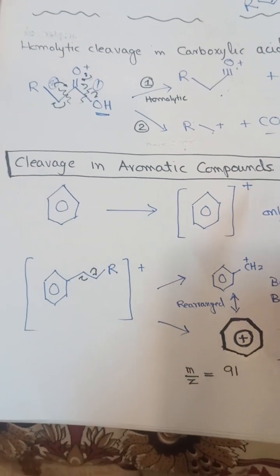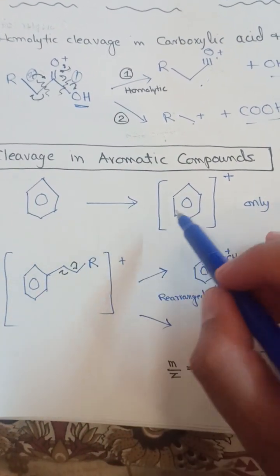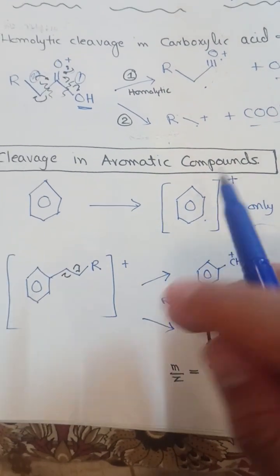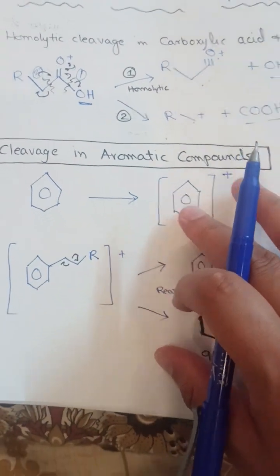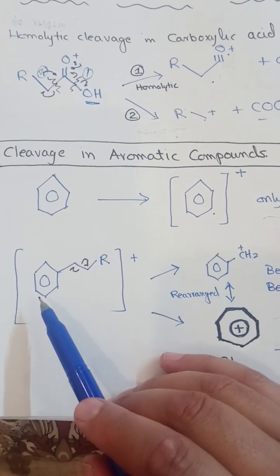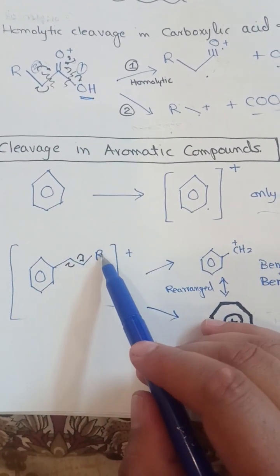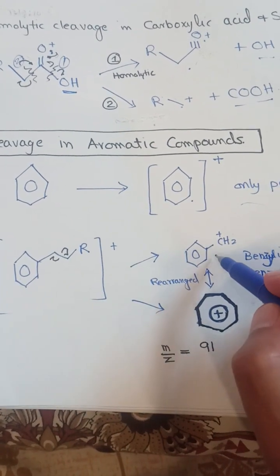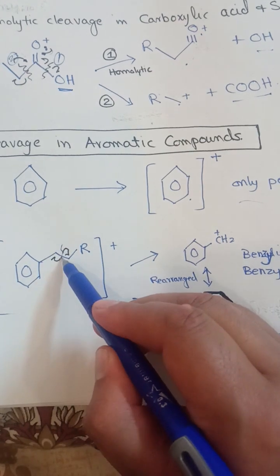Cleavage in aromatic compounds. For benzene, only one electron is removed from the whole ring, and we get only one peak. So this is the molecular ion peak. We will get no fragmentation of this benzenium ion. So in case we have some substituent attached to the benzene ring, we get other fragments due to this homolytic cleavage.